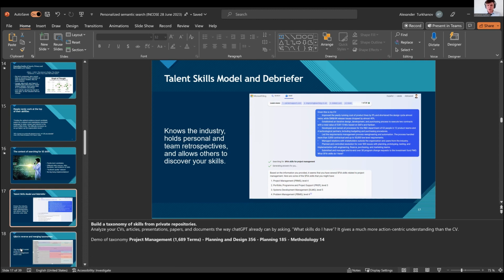SFIA is a framework, Skills for the Information Age, it's just a taxonomy of skills. The same one that we have in the systems engineering digital process model, but generally covering multiple domains. And it will give you this list of skills that you have.